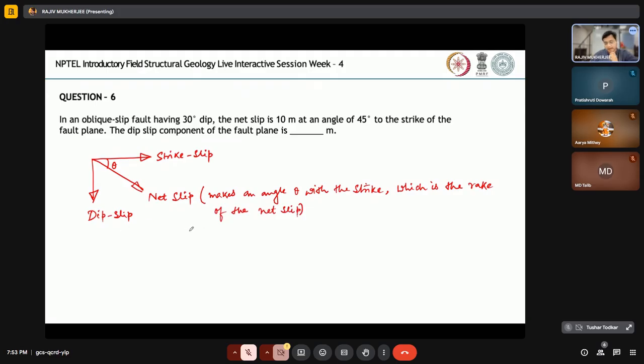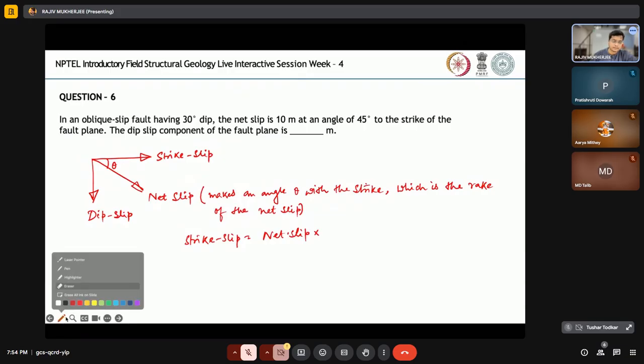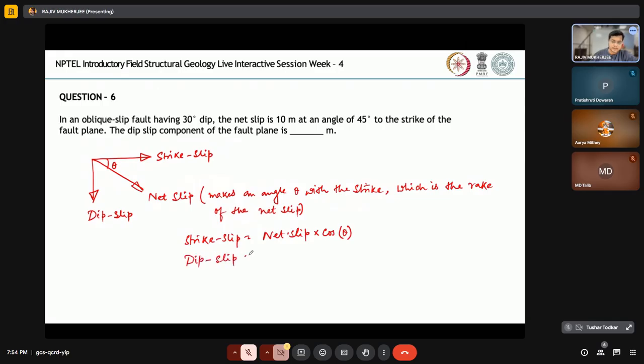Then following the trigonometric relation between net slip, strike slip and dip slip, we can write that strike slip is equal to net slip times cos theta, and the dip slip is net slip times sine theta.